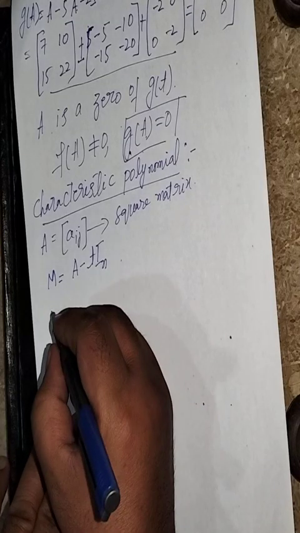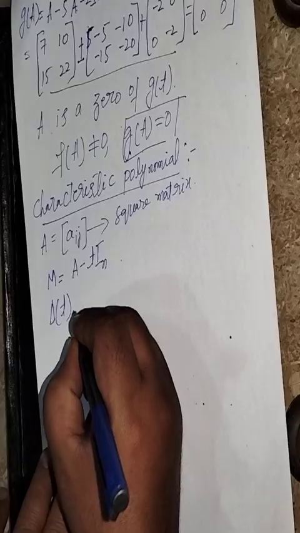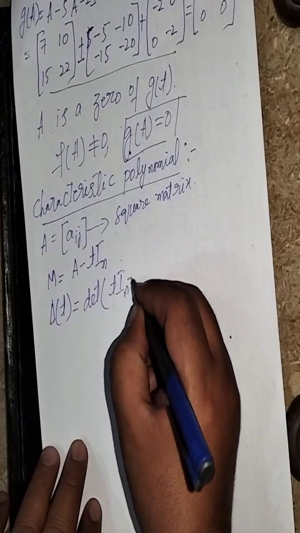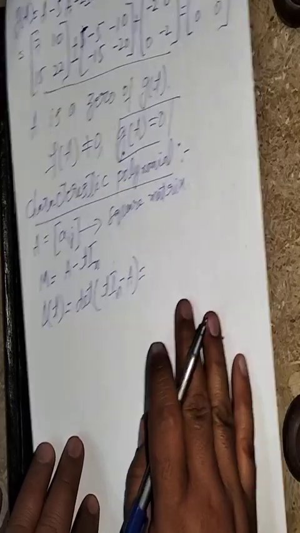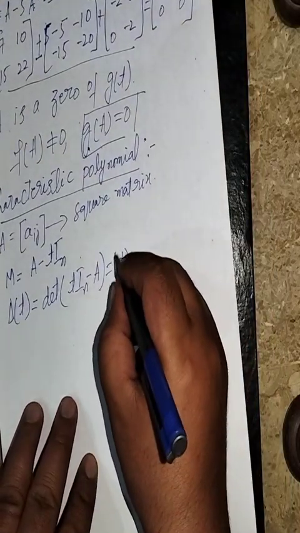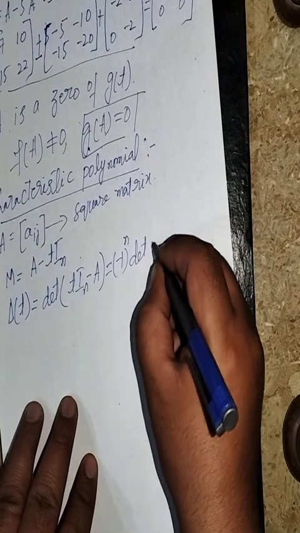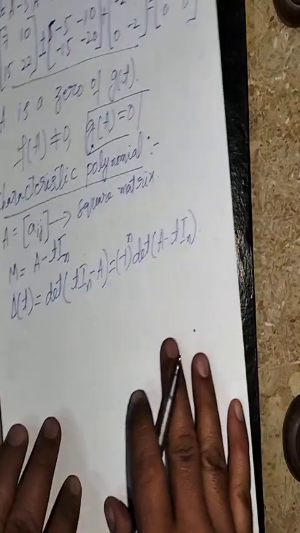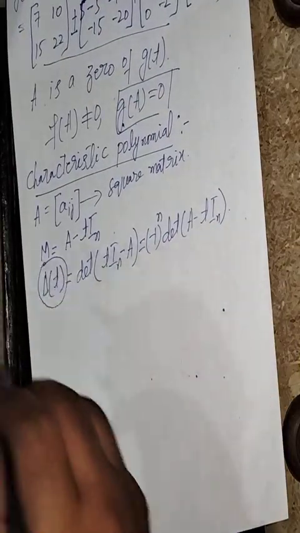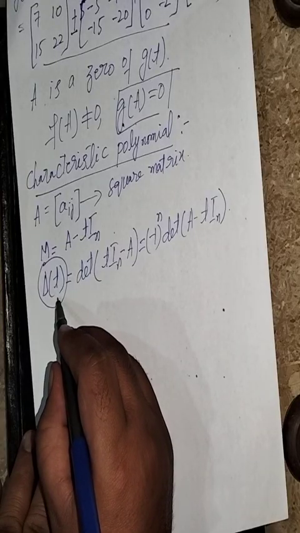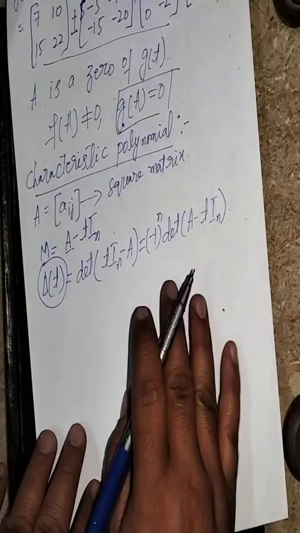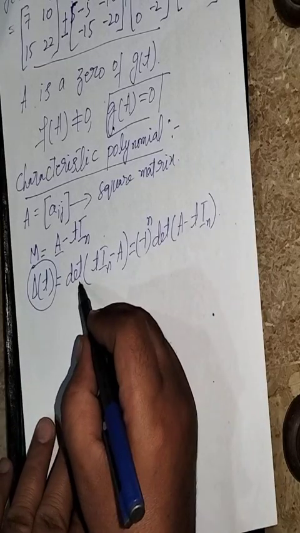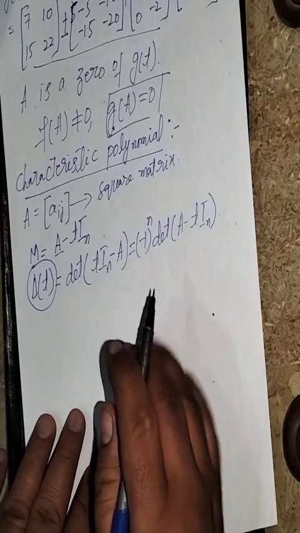The characteristic polynomial will be delta t equals determinant of tI_n minus A, or you can also write it as minus 1 power n determinant of A minus tI_n. This delta t is called the characteristic polynomial of the matrix A, and in order to find it, you have to find the determinant of tI_n minus A.